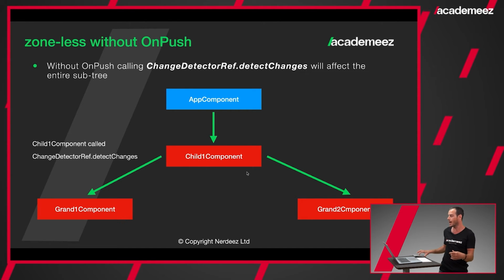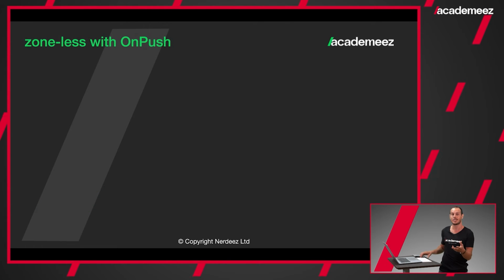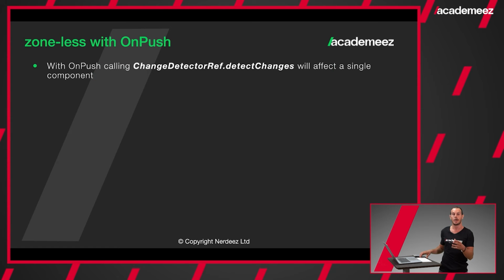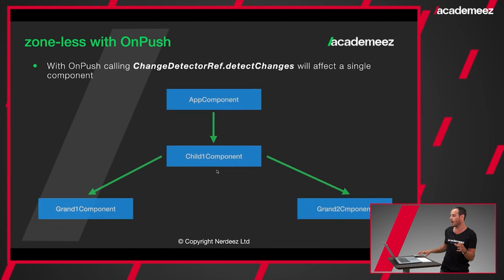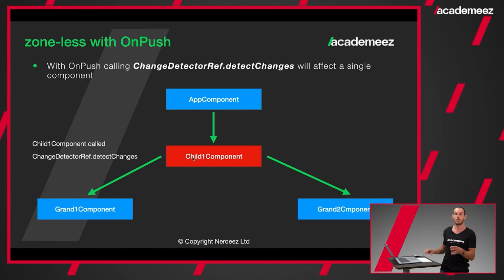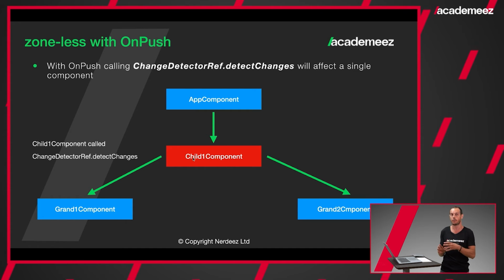And probably the most performant change detection strategy is going zoneless where all your components are on the OnPush change detection strategy. In that case, if child 1 calls detectChanges, only the child 1 component will be rendered. This is the most optimized performance in terms of change detection.